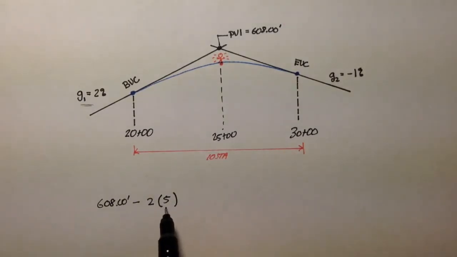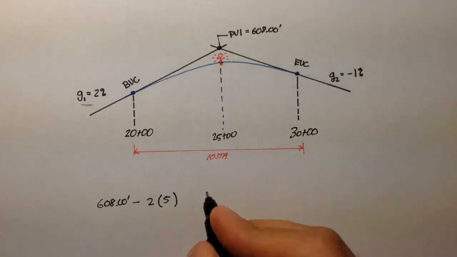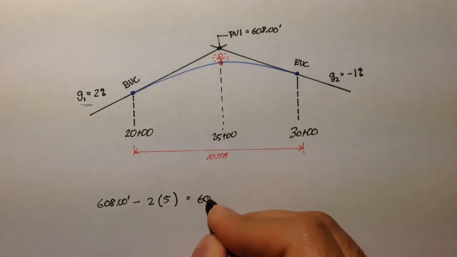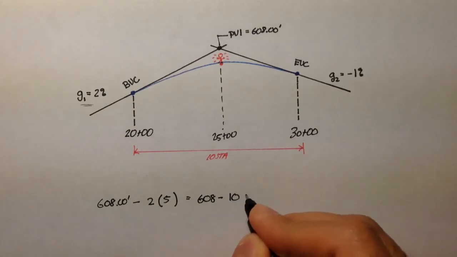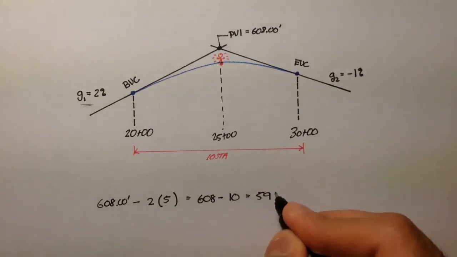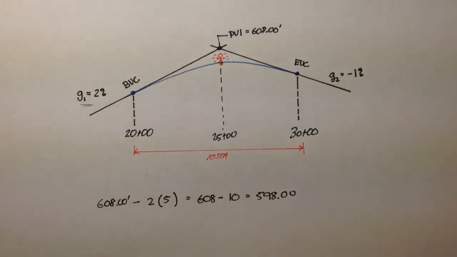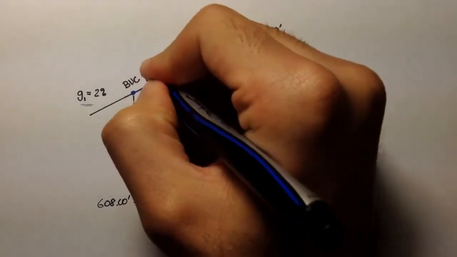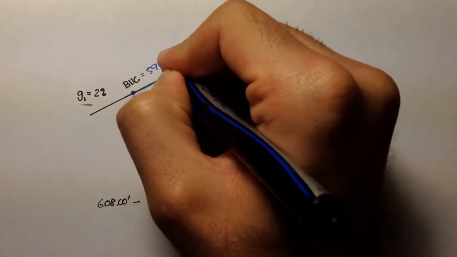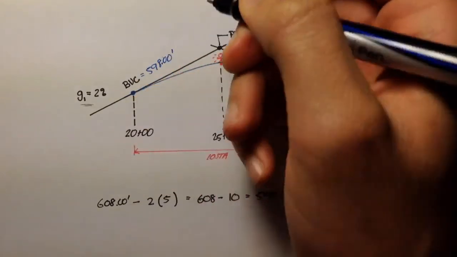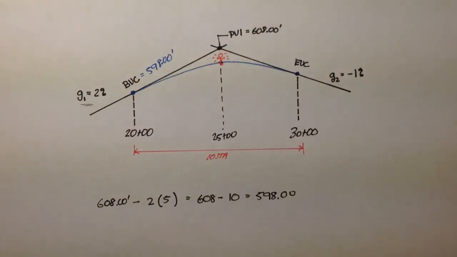You keep the grade as the number in percent times the station. So it's 608 minus 10, and that gives us an elevation of 598. So the elevation of BVC would be 598.00.